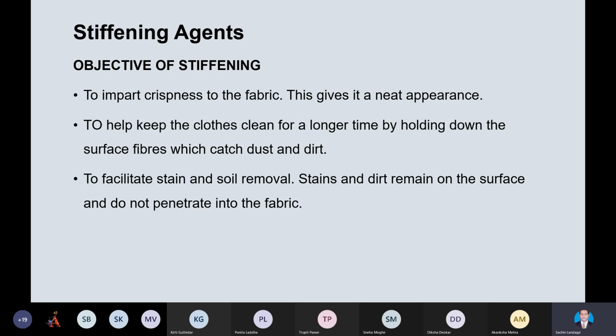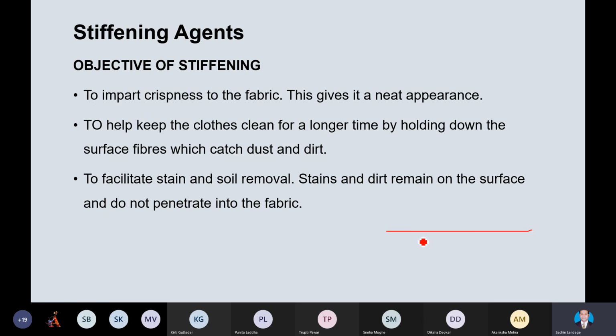Next, to facilitate stain and soil removal. This part we have studied. The stains and the dirt remain on the surface and do not penetrate into the fabric. Suppose any soil is on the surface of the fabric. If we apply this type of reagent, like a stiffening agent or starch, they will form a film on the surface of the fabric.